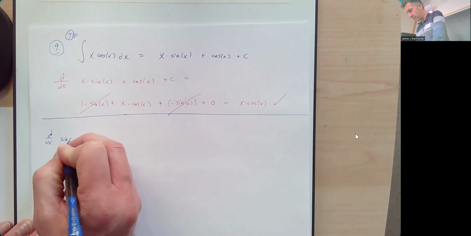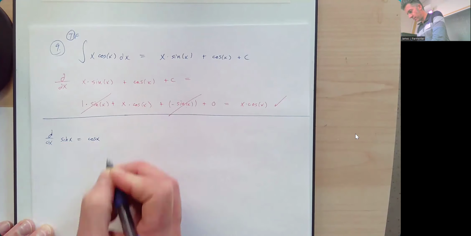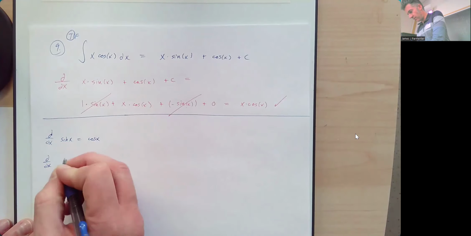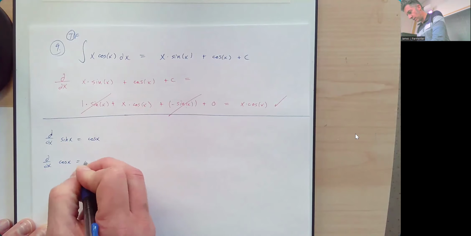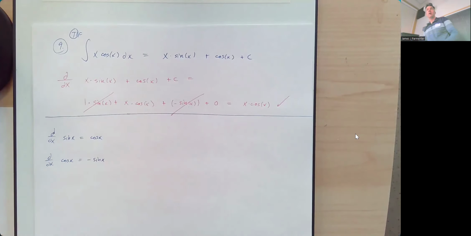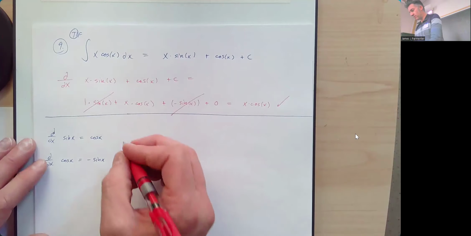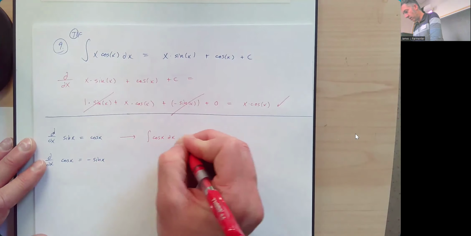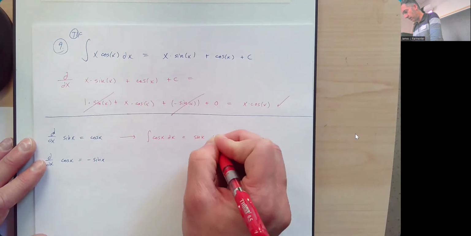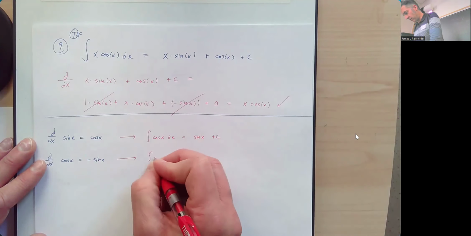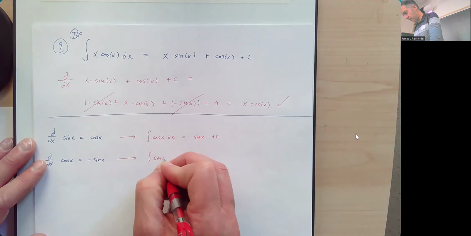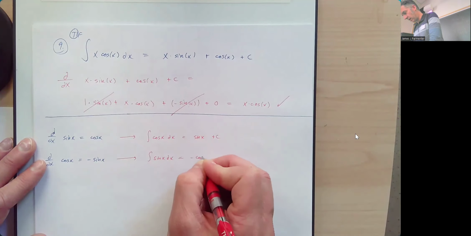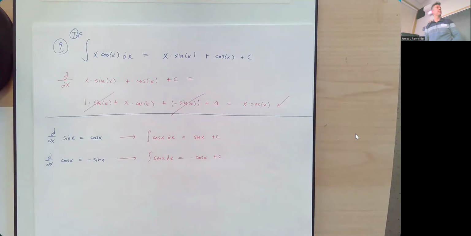Derivative of sine equals cosine. Derivative of cosine equals negative sine. So we also know the antiderivatives. The antiderivative of cosine is equal to sine plus c. The antiderivative of sine is equal to negative cosine of x plus c.